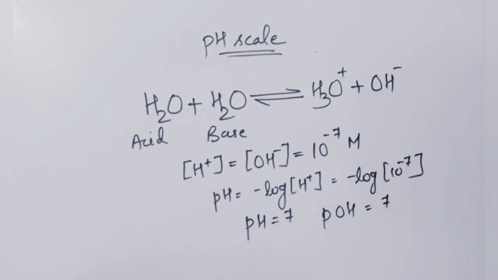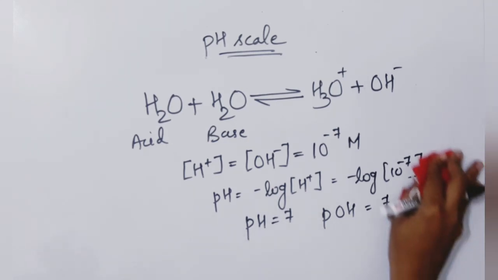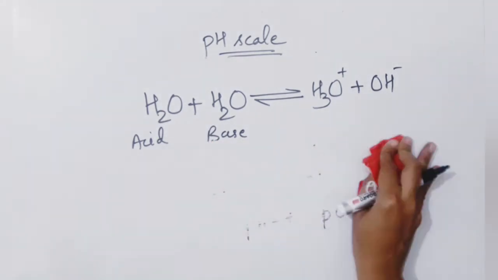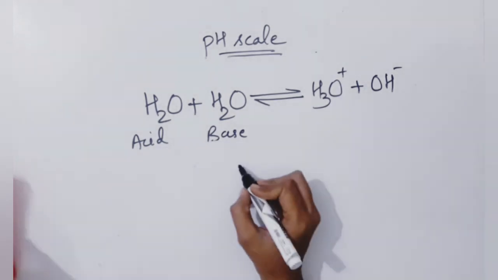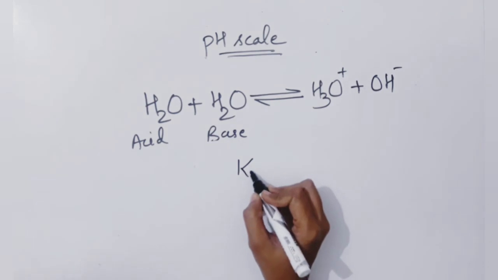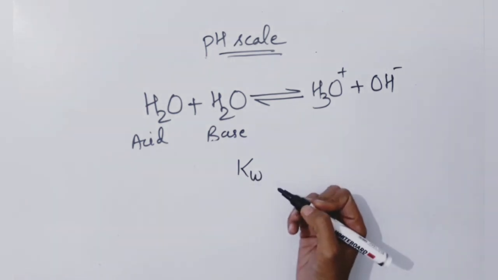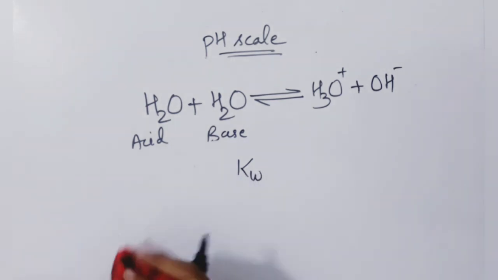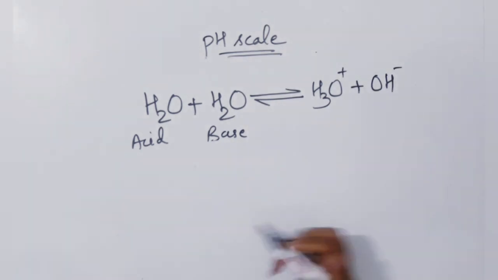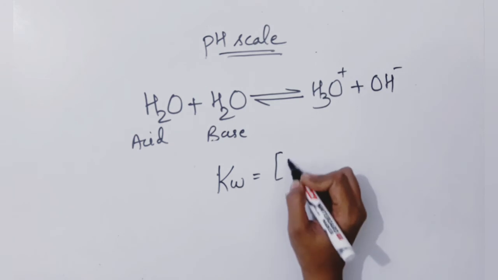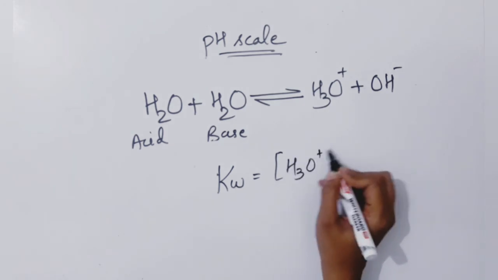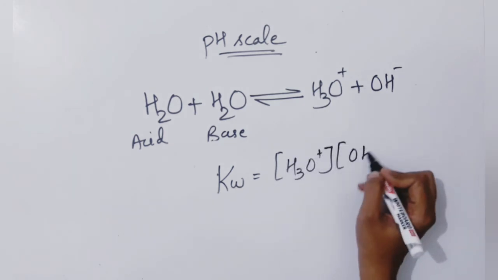Now the ionization constant for water, Kw, will be equal to H3O plus times OH minus.